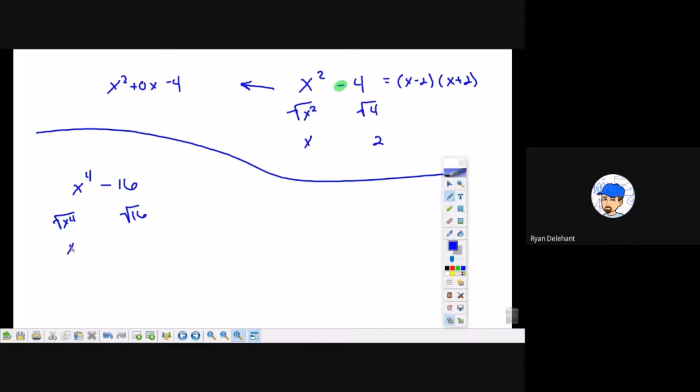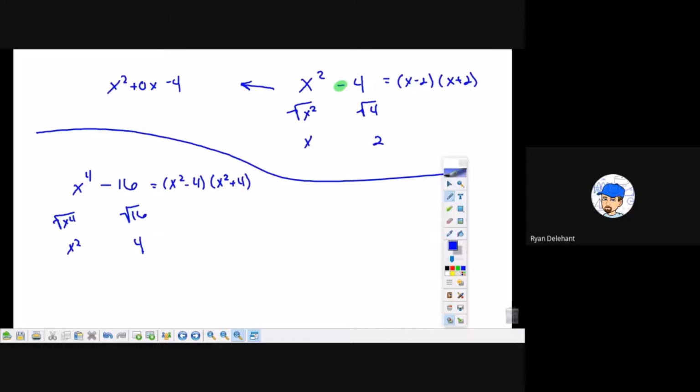The square root of x to the 4th is x squared. The square root of 16 is 4. So that means it's one of those things subtracted, one of those things added. You multiply that back out, it'll take you back to the x squared minus 16. The reason we spend a little bit of time with this in Math 3 is these formulas can be expanded to bigger powers, which makes them useful for factoring polynomials.